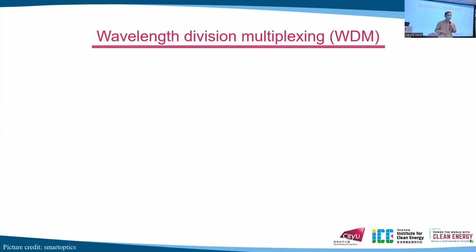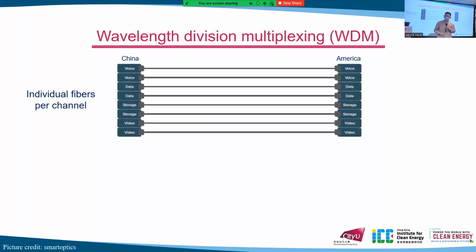So in the data links system, a very important idea is the WDM, wavelength division multiplexing. Initially, we usually have different kinds of information to be sent. If we use individual fibers for each channel, this is a very huge waste.